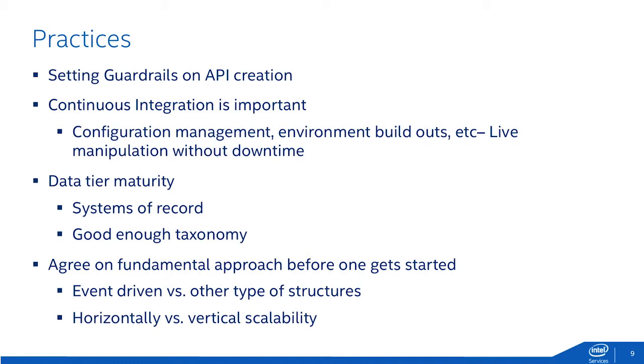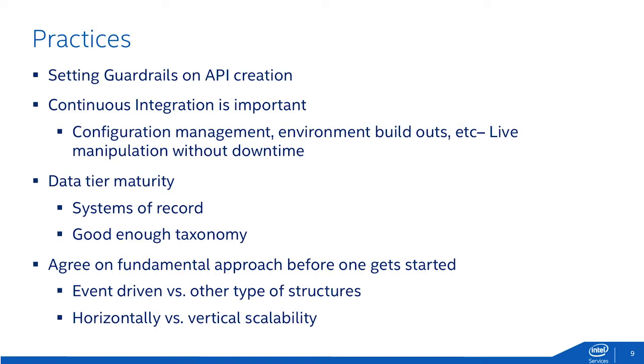As we look more at the platform tier, specifically around the data component and how that gets mature, if we're looking at relational or unstructured, non-relational type of data as a service solutions, having what I call a good enough taxonomy that's not trying to boil the ocean, but provides systems of record on how we can enable this abstraction so these development teams can move faster is an important piece.